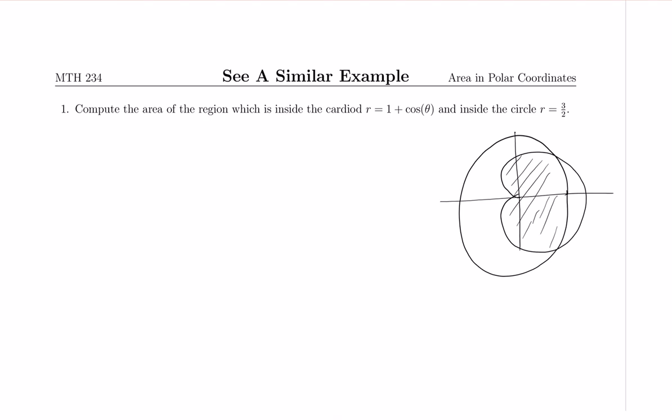Now we're going to have to split this up into 2 or 3 pieces, depending on how you look at it. Because if you think about it, look where the two intersect. The circle and the cardioid intersect at these 2 points. And if I draw a line from the origin to these points, you'll see that this region that I'm coloring blue, the outside of this region is the circle.